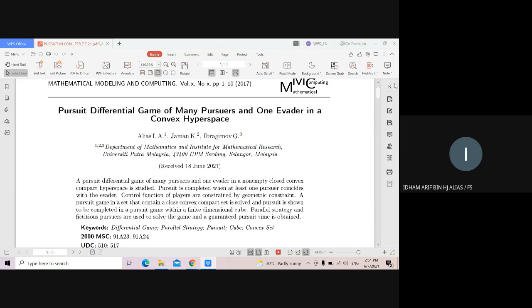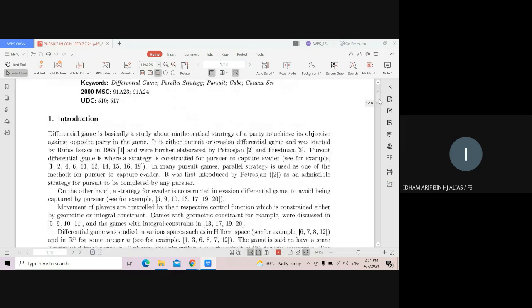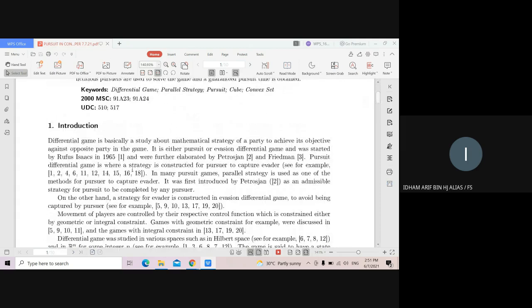Okay, so before we proceed to our result, let's have a quick look at the literature review or introduction. So, differential game is a game which is described by some differential equation. The movement of players are described by some ordinary differential equation.